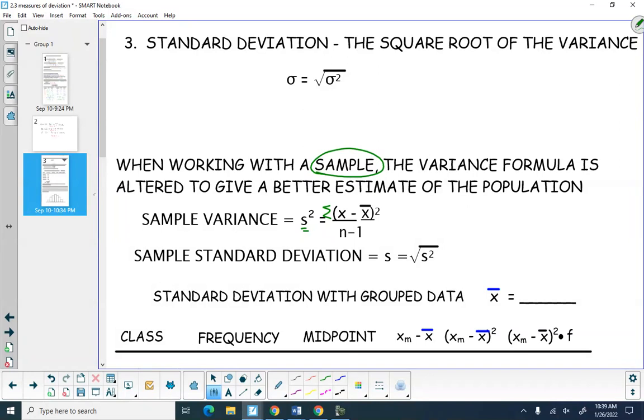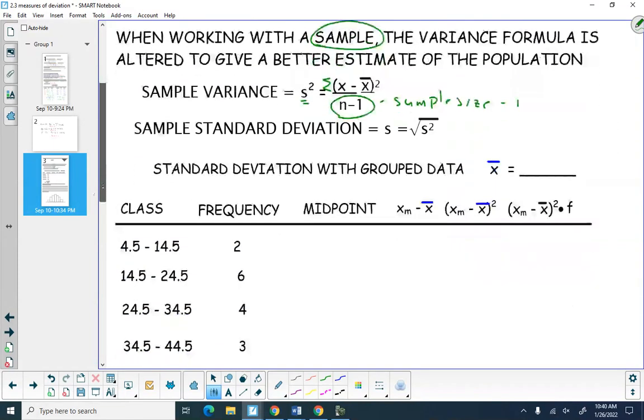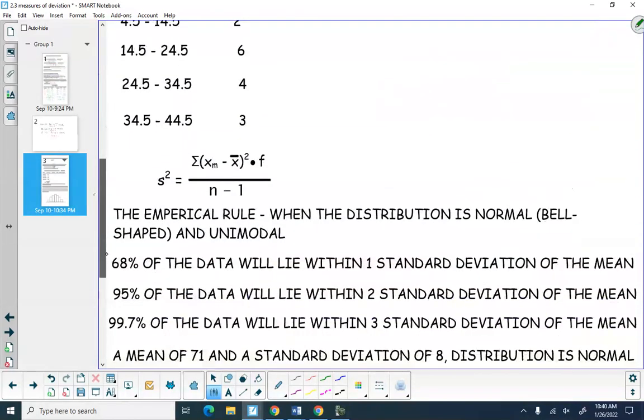But what's different is we divide by our sample size minus 1. The reason is they say when you're dealing with a sample, to be more accurate with your standard deviation, you subtract 1 from your sample. I don't know why. That's what statistically they say is better. Then take the square root of that, and we get our sample standard deviation. We will start with this tomorrow.